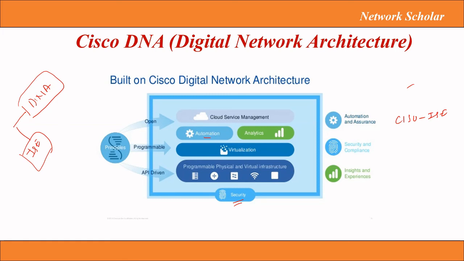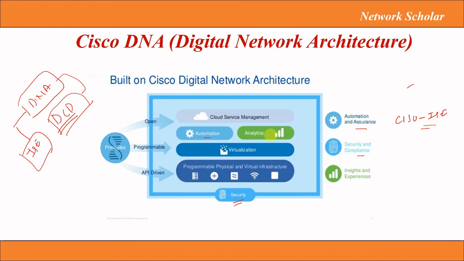How it provides the automation, how it creates the VXLAN and ISIS automatically without user intervention, is done by DCP, the data control plane. The DNA is also integrated with DCP, and through this it maintains the automation and assurance in your network. For security and compliance, the DNA is integrated with ISE.